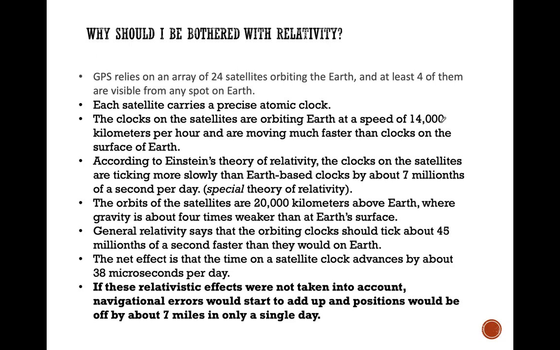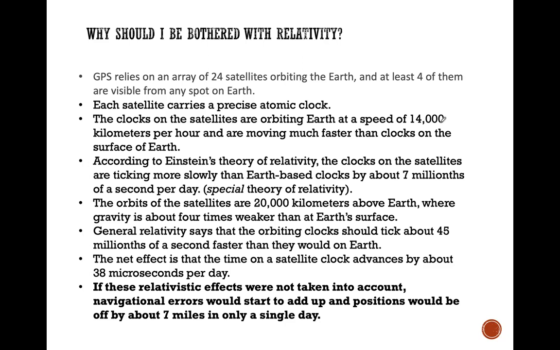Now, it seems like this is not that much that you have to consider in day-to-day life, right? But assume that you did not take this amount of change into consideration. Then the navigational errors, for example in your Google Maps, will add up and positions would be off by about 7 miles in only one single day, right?